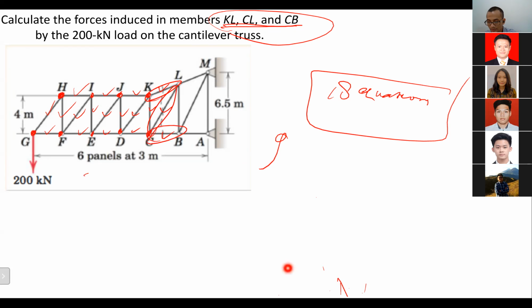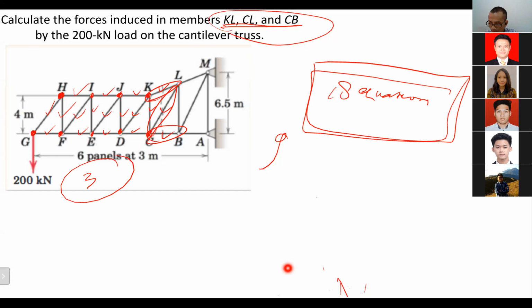Only 3 members. We do not need to solve the other members. That's why in this particular case, the joint method is disadvantageous, because we have to solve 18 equations in order to find the 3 members that we want.